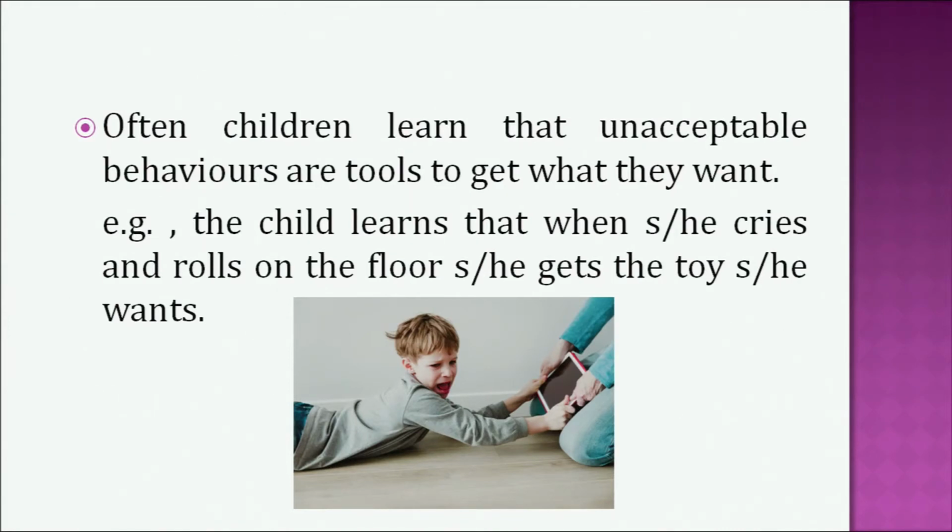So, the children learn that if they show such kind of behaviors, then whatever they want will be granted to them. And they try to execute these behaviors in order to fulfill their demands from the parents or the caregivers.